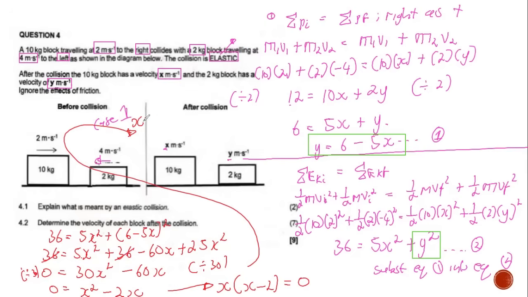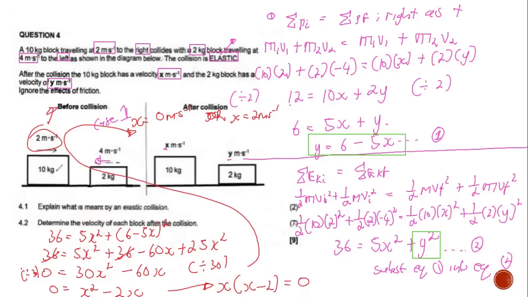So my x can either be 0 meters per second, which means this can be brought to rest after it meets with that, or x can be 2 meters per second, which might be quite impossible because after collision, we are expecting for this to either increase or decrease.